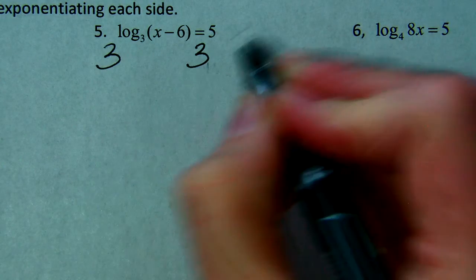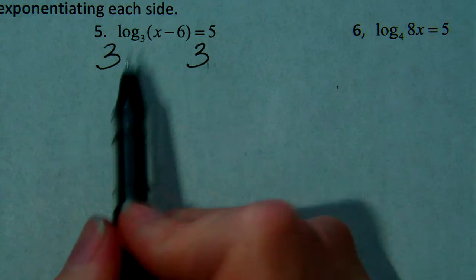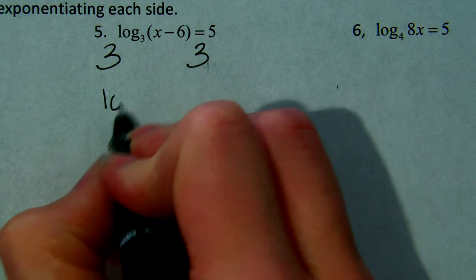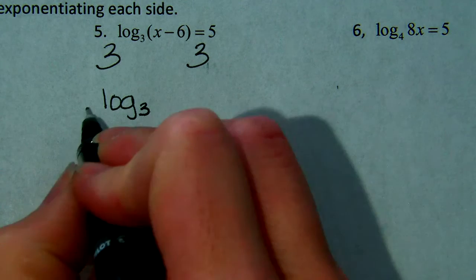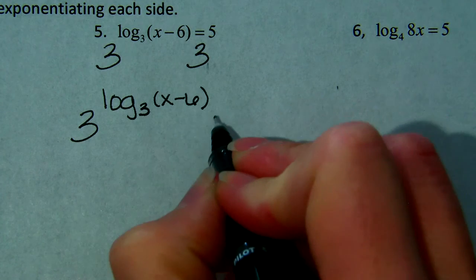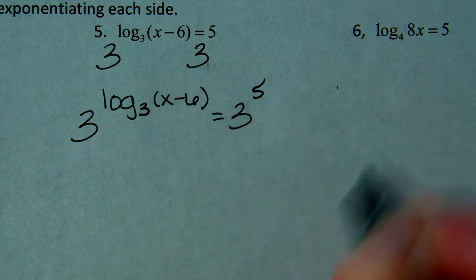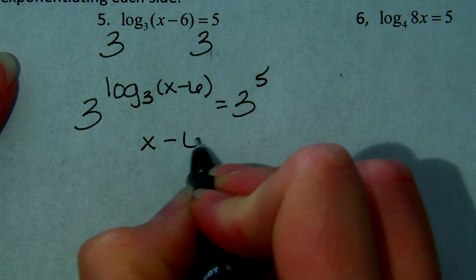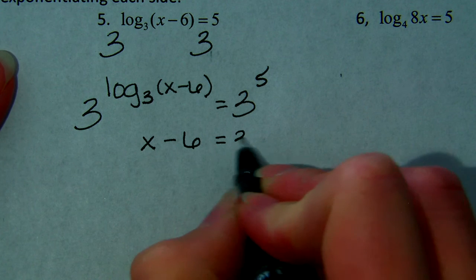So I'm going to make it an exponent. I'm going to do that with both sides of my equal sign. And so I've got 3 raised to the log base 3 of x minus 6 is equal to 3 to the 5th. And what happens is we get x minus 6 is equal to 3 to the 5th.